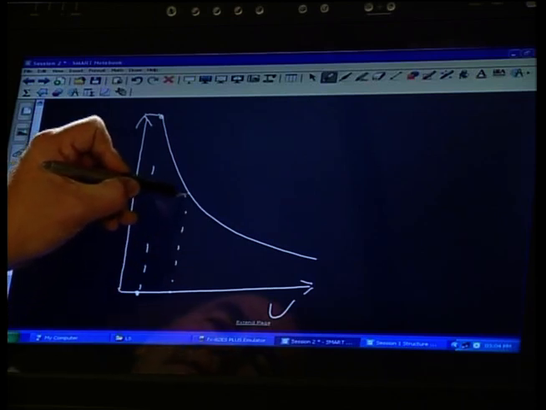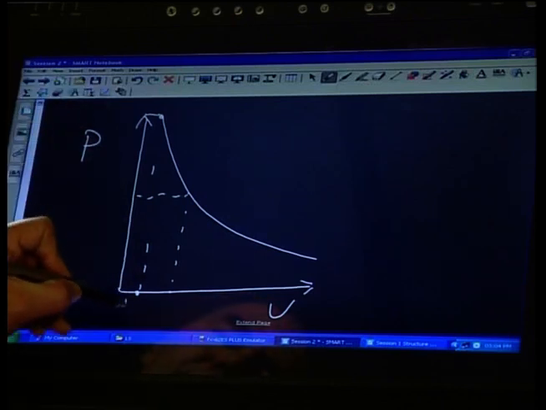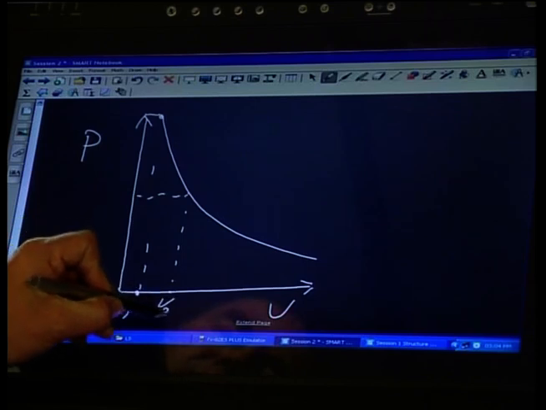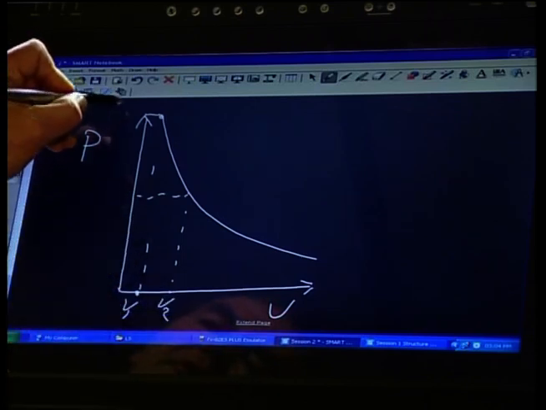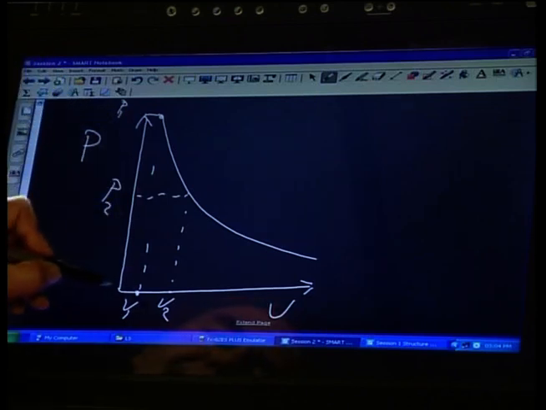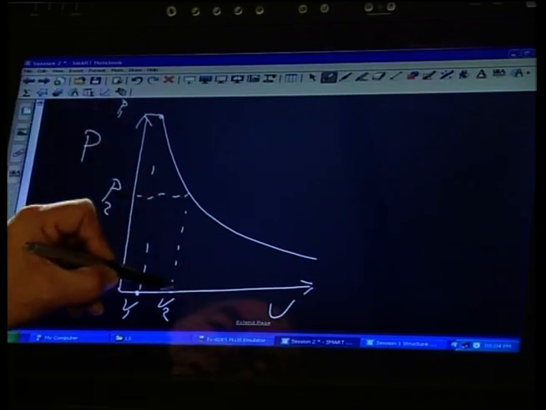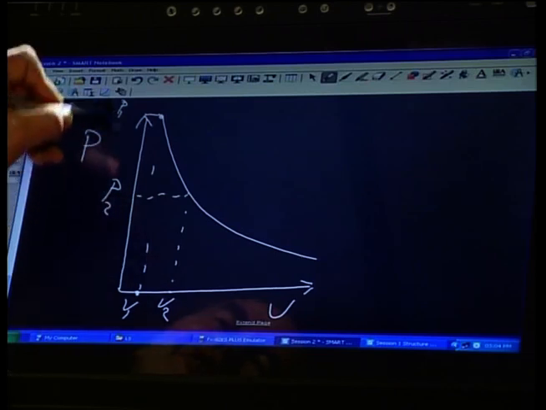Now, I've just sketched the graph. What we should be able to say, that was volume 1, that's volume 2. Now, if that was pressure 1, this is pressure 2. What you'll find is that if you do it accurately, then if you double the volume, the pressure decreases.